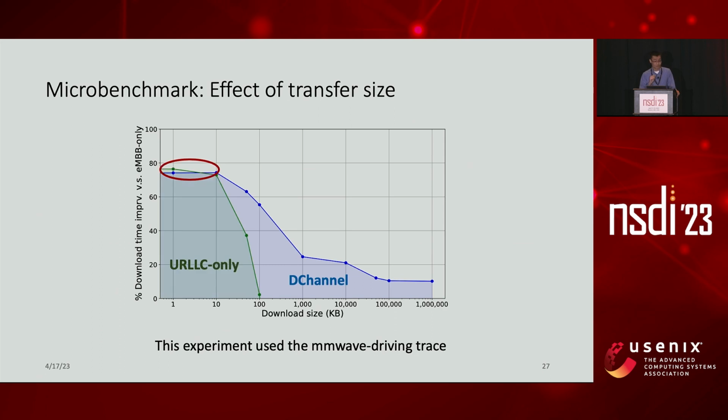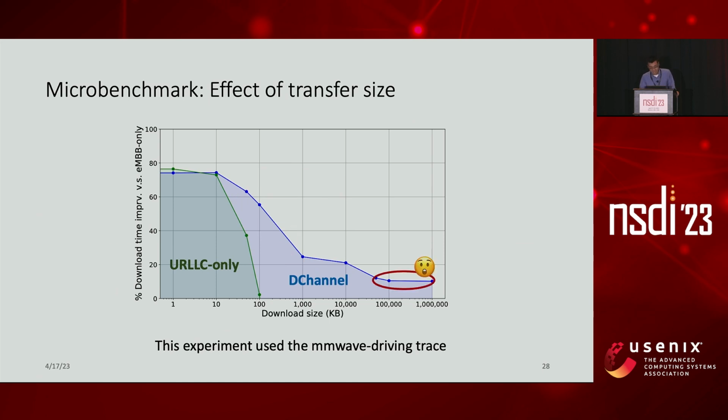This is similar to the improvement that we get if we only use URLLC. However, moderate size objects cannot use URLLC because they are too big and the bottleneck will shift to the bandwidth. But DChannel still gets a big benefit by accelerating control packet traffic, like connection establishment.